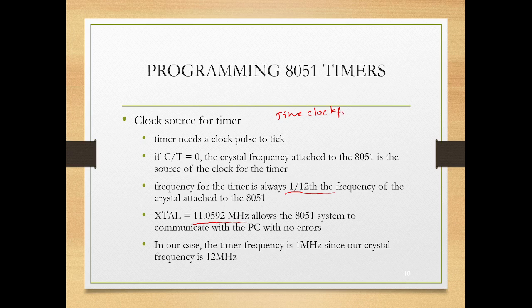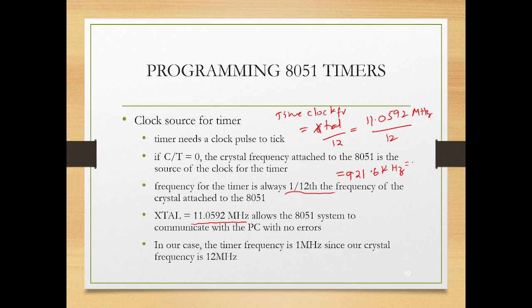Timer clock frequency will be equal to crystal frequency divided by 12. We can mention it as 11.0592 megahertz divided by 12, which will be equal to 921.6 kilohertz. So this is in frequency.